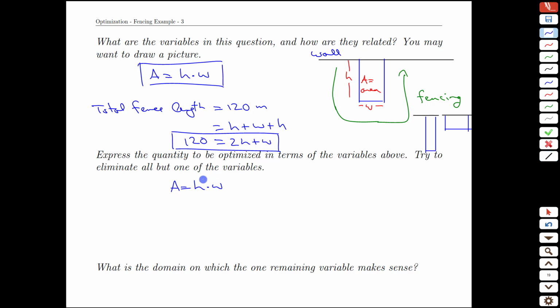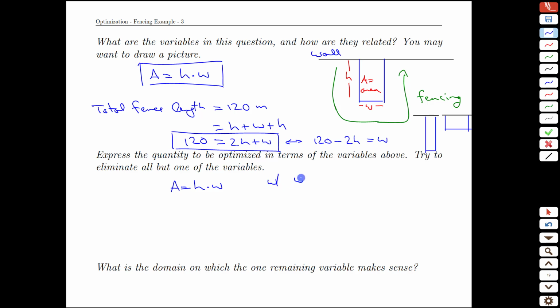So I shouldn't leave both of these variables in there as is. Fortunately, we can do a quick substitution here and recognize that if we know the height, then bringing 2h to the other side, w equals 120 minus 2h. If we know what the height is, then we can calculate through this and get just w left over.